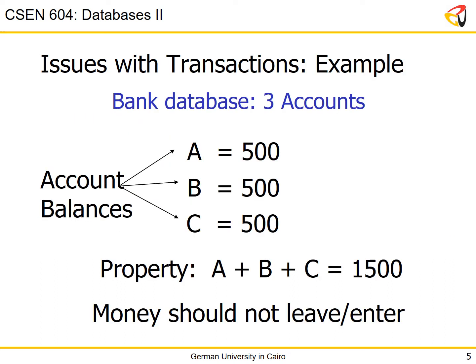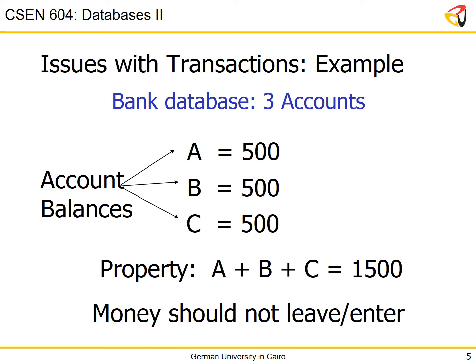So let's put a motivating example. Let's say you have a bank database and you have 3 accounts, A, B, and C. Each one of them has £500. In total, if those 3 accounts belong to the same person, he has £1,500 in the 3 accounts.